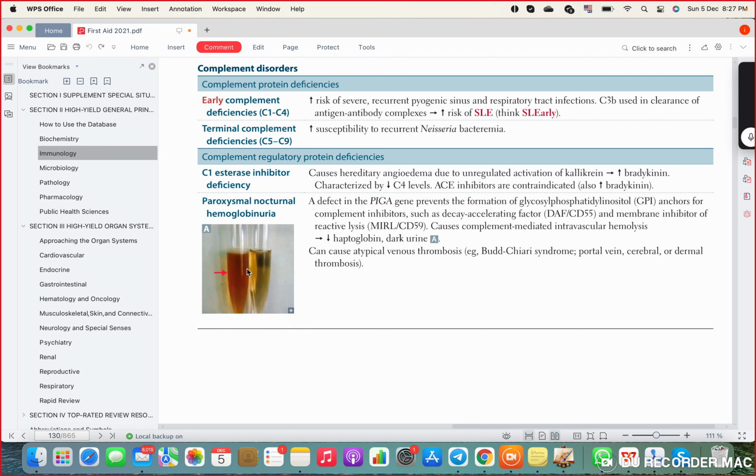Alkaptonuria. And that was a deficiency of what?